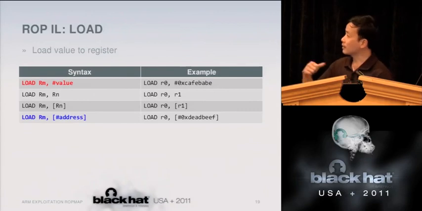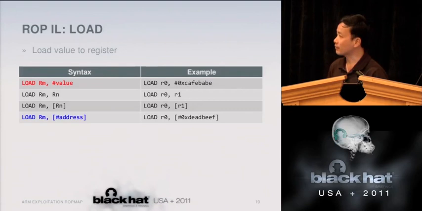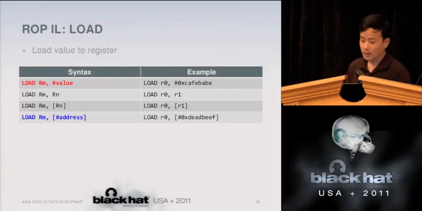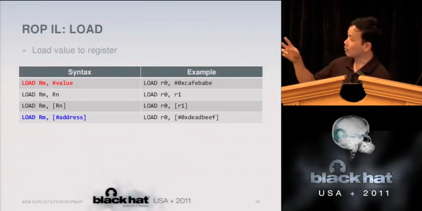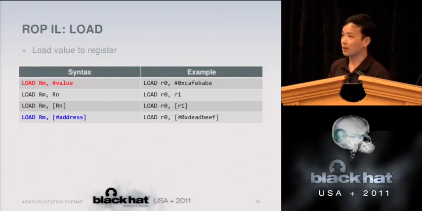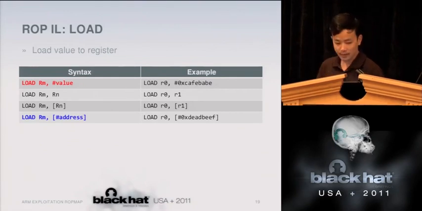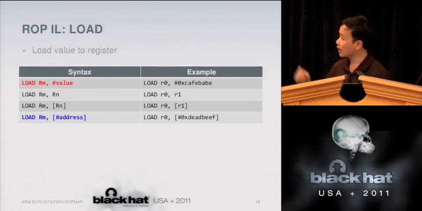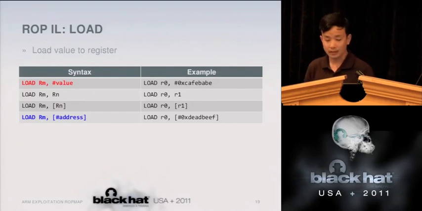And load register to register, load register from memory reference. The most used instructions you can find in the shellcode are load register with value and load register from a memory reference.